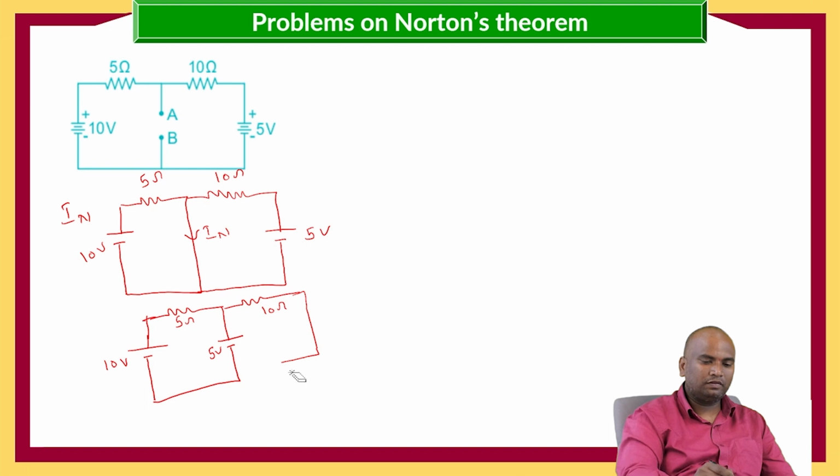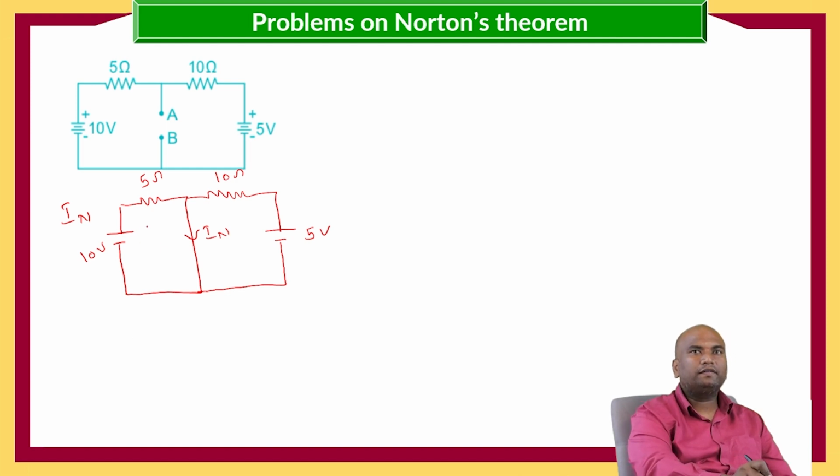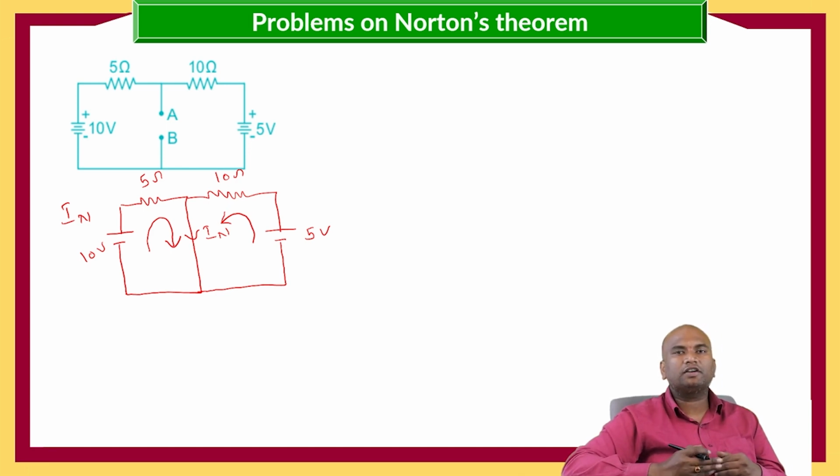Here it is completely short circuit. Whatever current flows from here and from here will flow through the short circuit itself, because when we have a short circuit, no current will choose a path other than the short circuit.